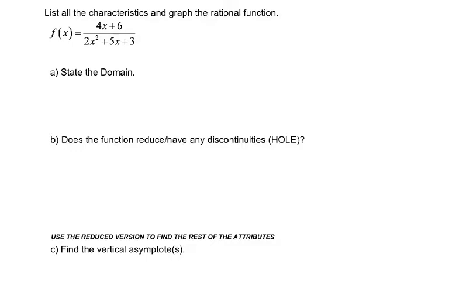So that would be finding the domain, a hole, which we call a discontinuity, which occurs when we reduce the function, we cancel a common factor, vertical and horizontal asymptotes, x and y intercepts, and then also creating the graph.